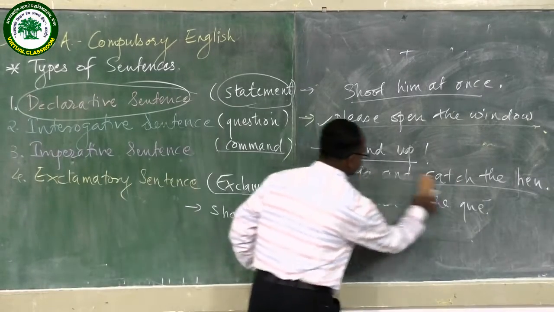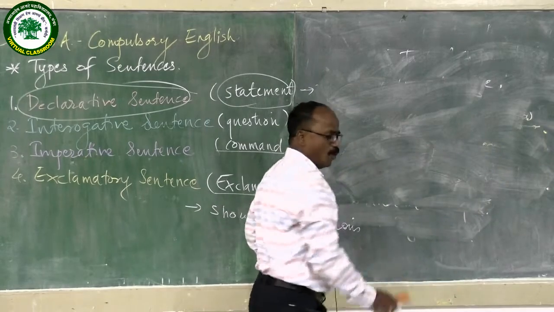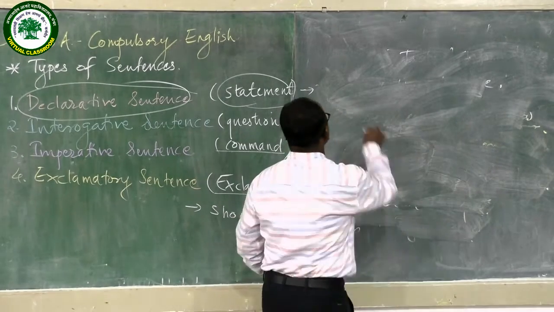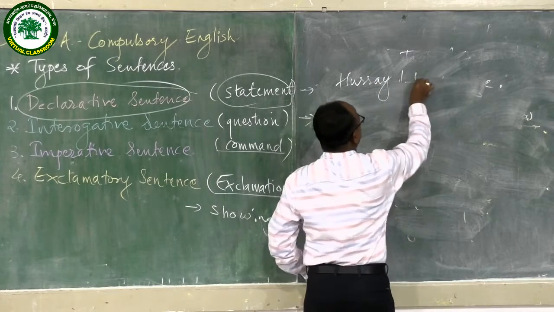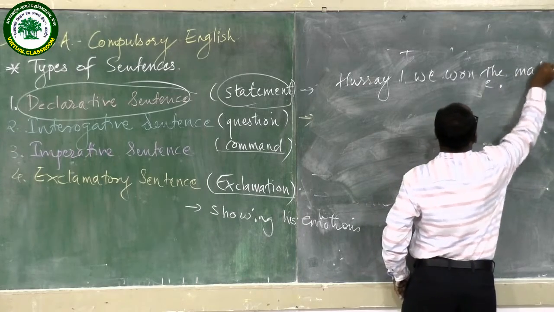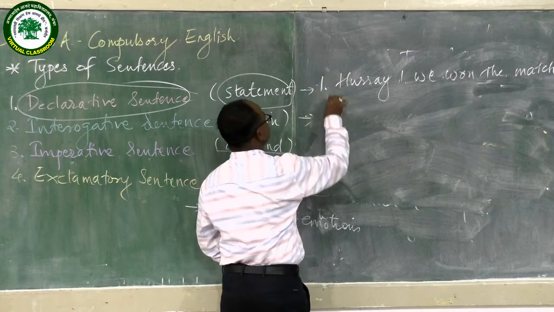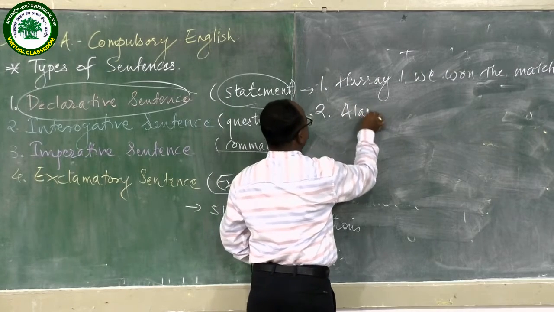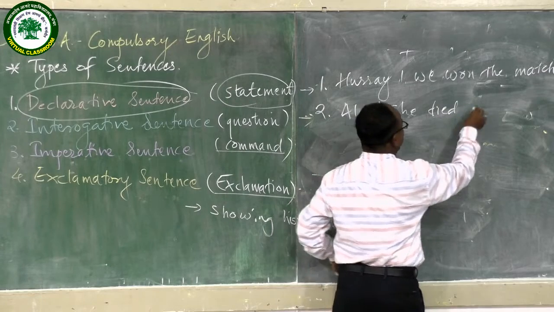Now look at this sentence. I am writing some sentences on the board, like hooray, we won the match. Another sentence, alas, she died at a young age.